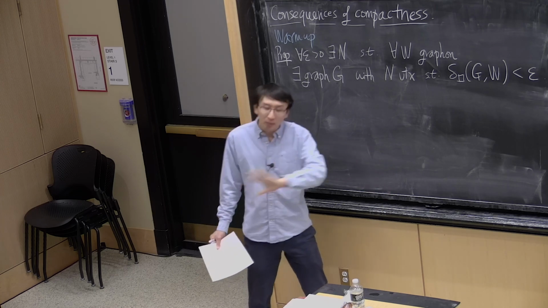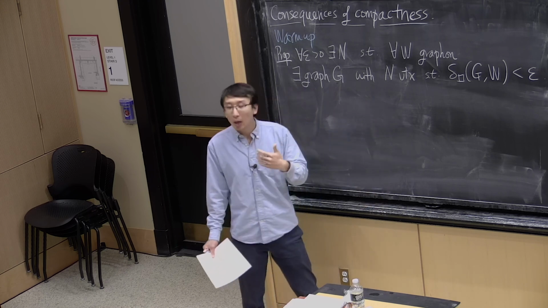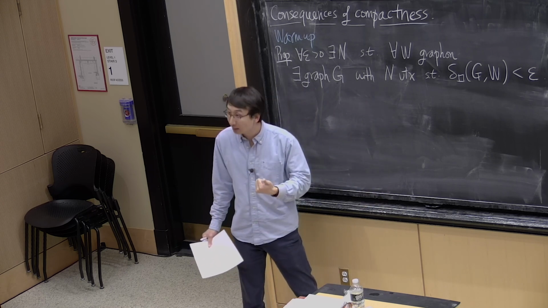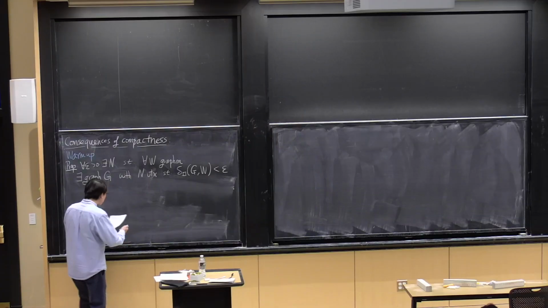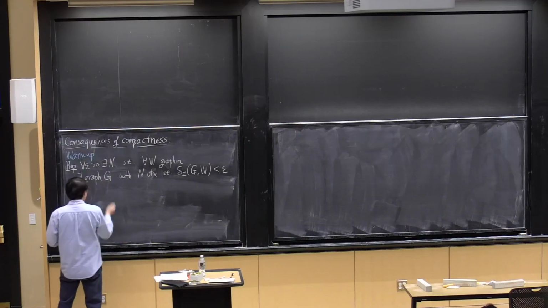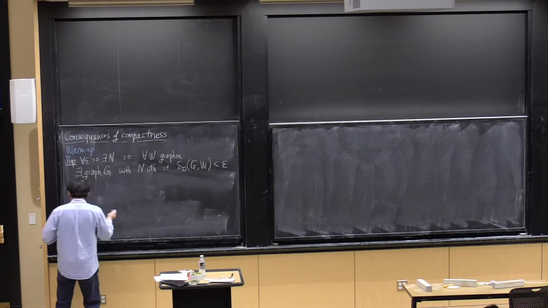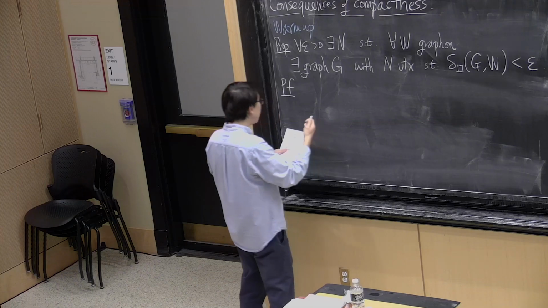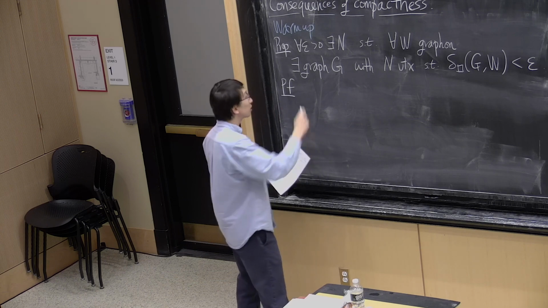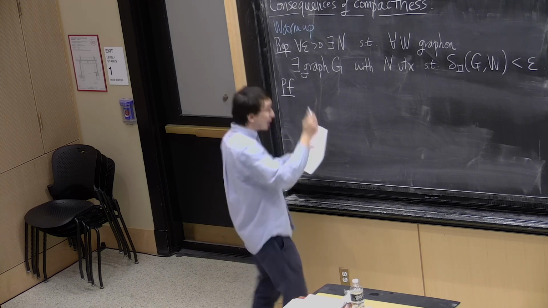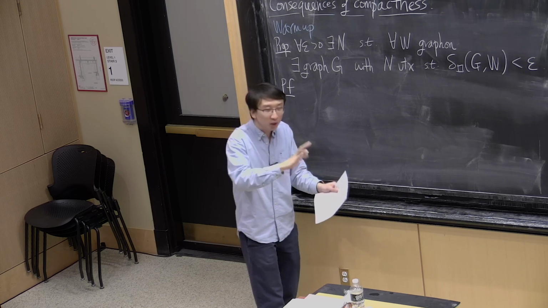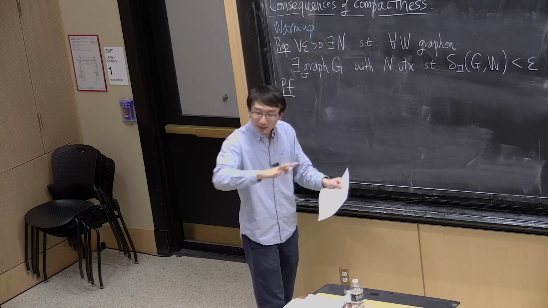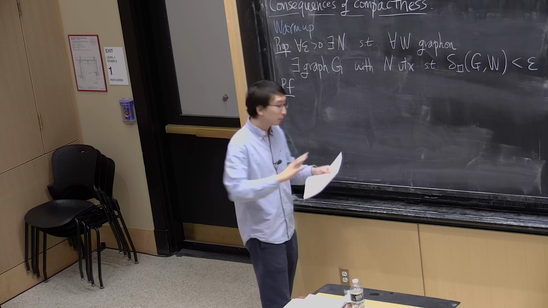But I want to show you a completely different way of proving this result that follows from compactness. And I say it's a warm-up because it's really a warm-up for the next thing we're going to do. This is an easier example showing you how to use compactness. So the idea is I have this compact space. I'm going to cover the space by open sets, by open balls.